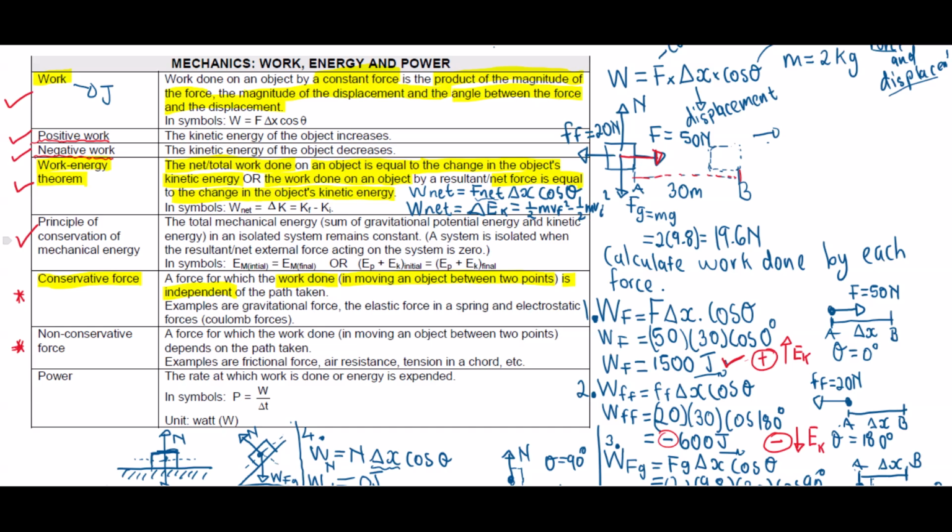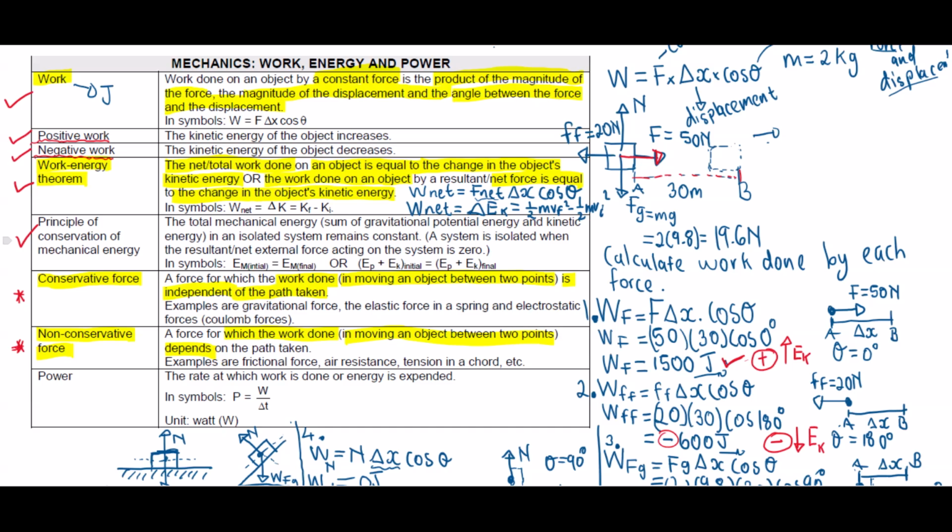The conservative force is the force for which the work done in moving an object between 2 points is independent of the path taken. However, the non-conservative force is the one that depends. This is a force for which the work done in moving an object between 2 points depends on the path that is taken.